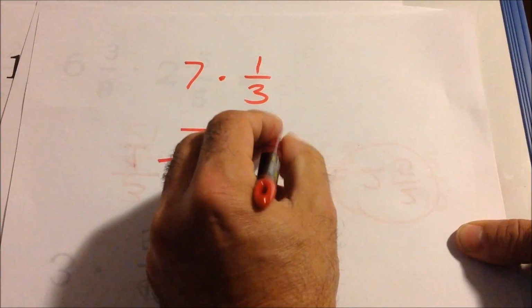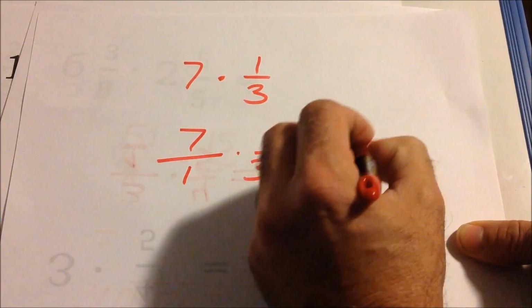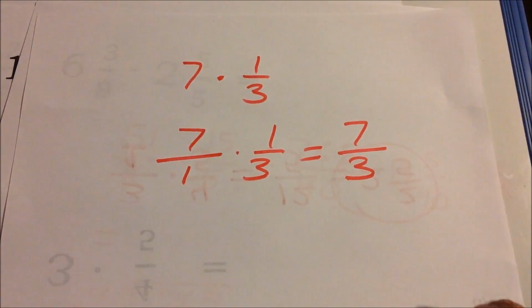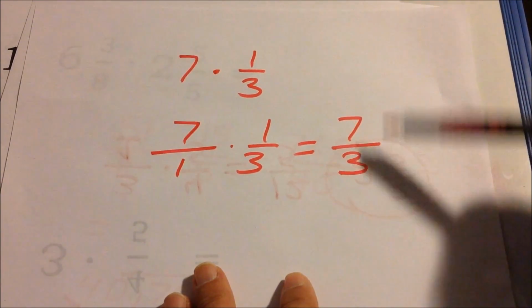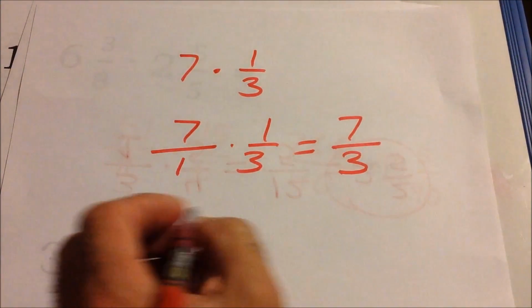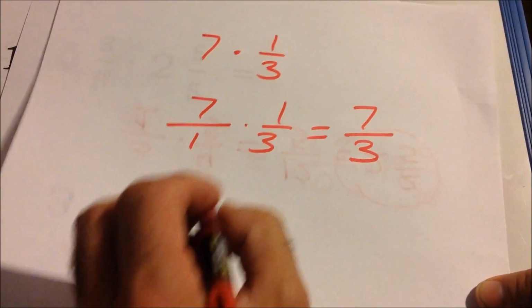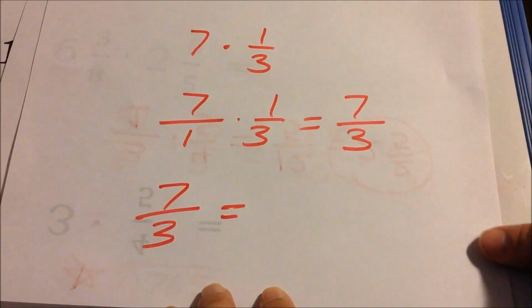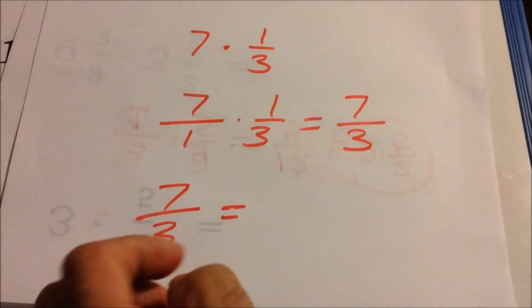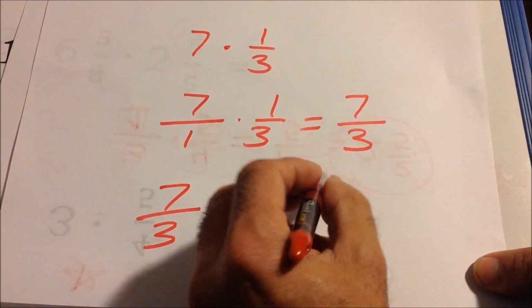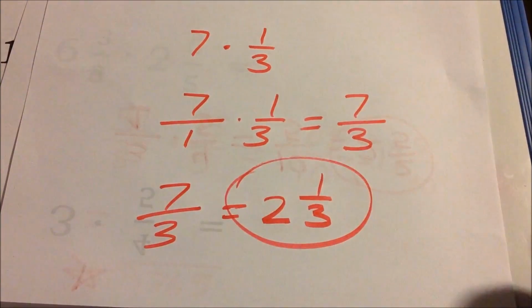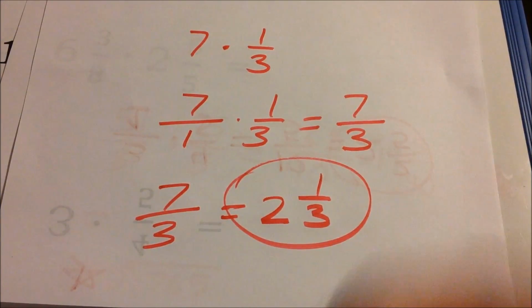Put it over 1. And just multiply across. 7/3. Now 7/3 is what? What's it called? Improper, right? So we'll take 7/3, and what's the final answer as a mixed number? 3 goes into 7 twice. There it is. There we go. There's our answer. So great.